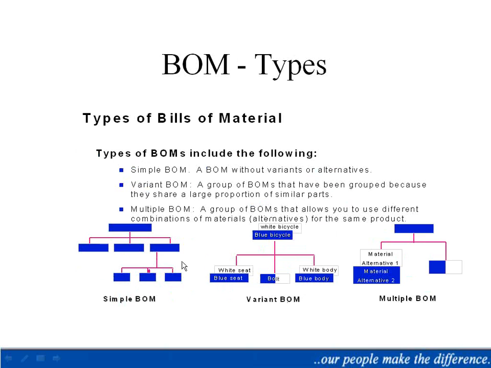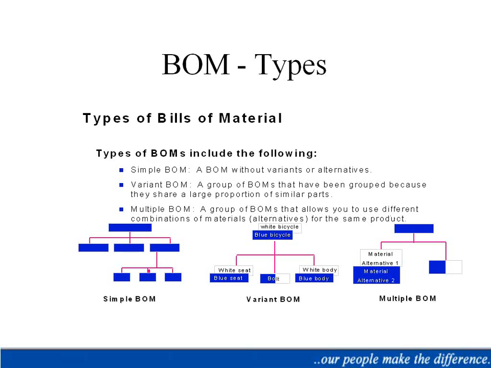So now you are able to find the difference between the simple BOM, variant BOM and multiple BOM, Chandra? Simple BOM is of course very simple. I have only one method of doing this. I need this set of components and I can produce this finished product. I don't have any other alternate. The moment I have one more alternate, that will become a multiple BOM.